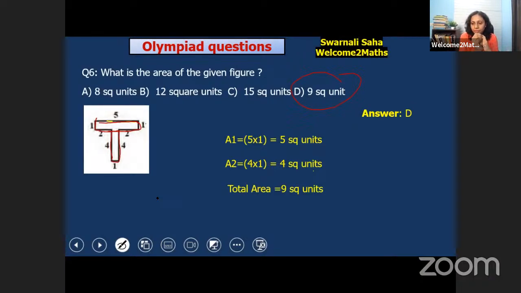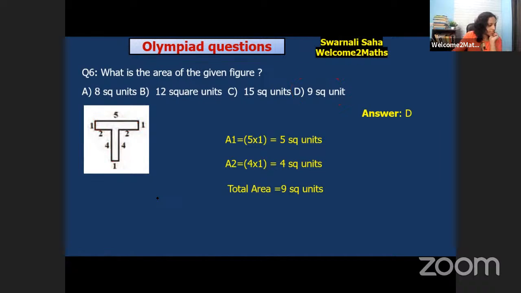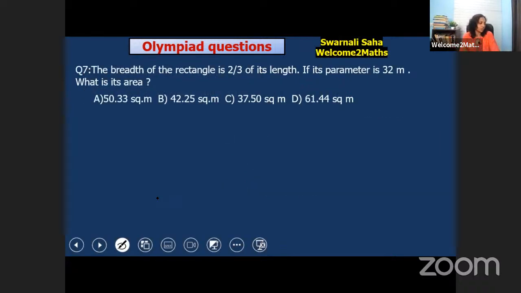So now next, let's solve next one. Okay, D is the right one. Hope you all solved it. So now next question is here for you.